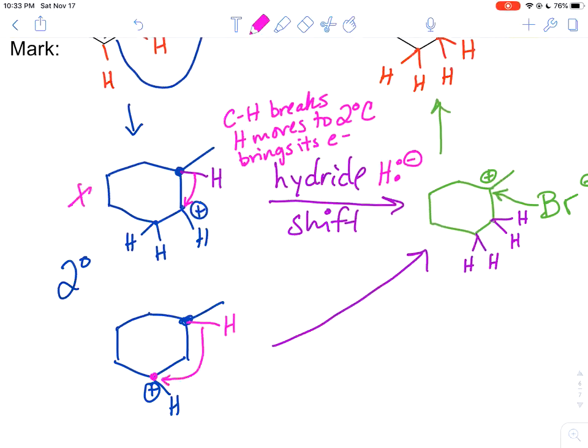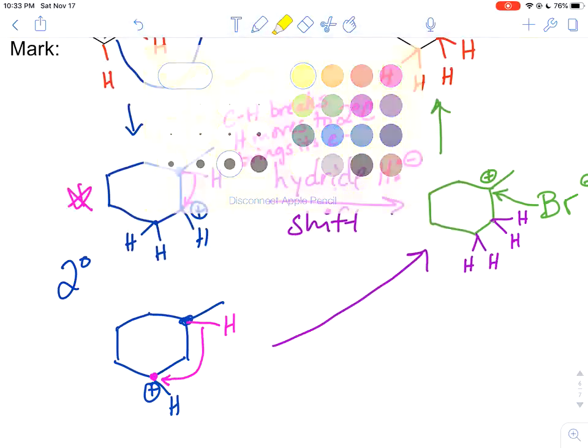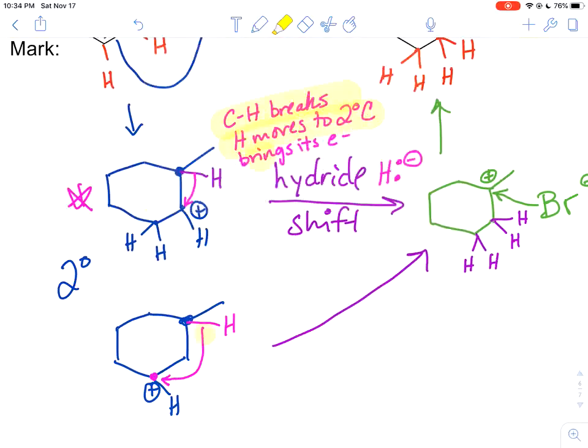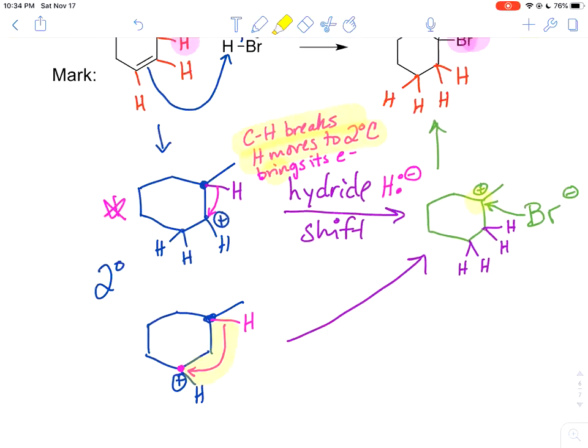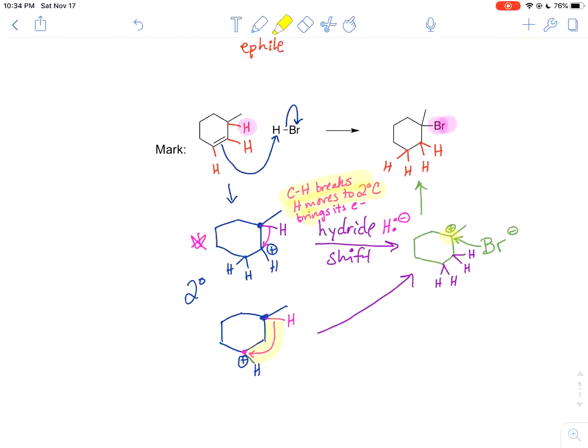This is probably preferred, but this way up here at the bottom still tells the same story that we talked about up here, in that the carbon-hydrogen bond is breaking, moving that hydrogen to the secondary carbon, thus leaving you with a tertiary carbocation by default.